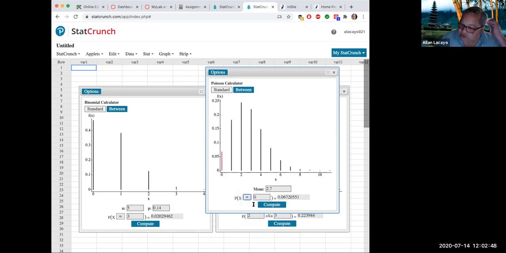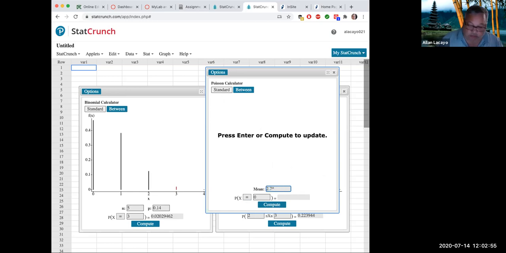Since 2.7 sales happen in 1 minute, I'm going to multiply that by 2 to see how many sales I would have expected in 2 minutes. I could leave that expression there and the software will do the math, but I'm going to change it to the numeric value, just for the sake of finishing the problem and you noticing the difference between doing a calculation per 1 minute and per 2 minutes.